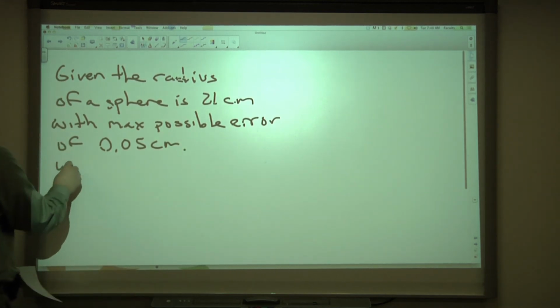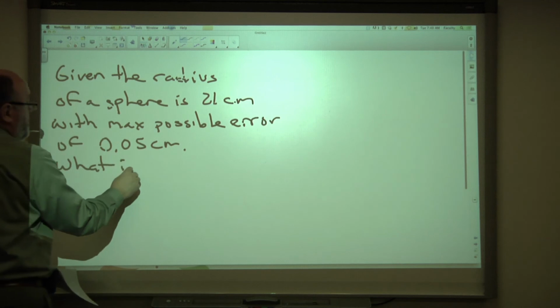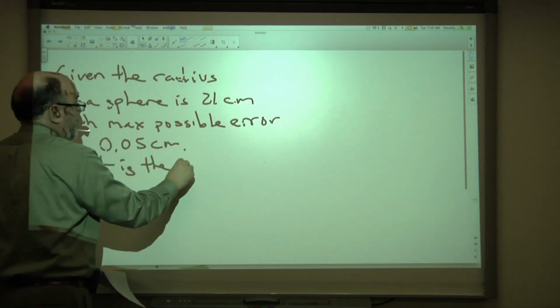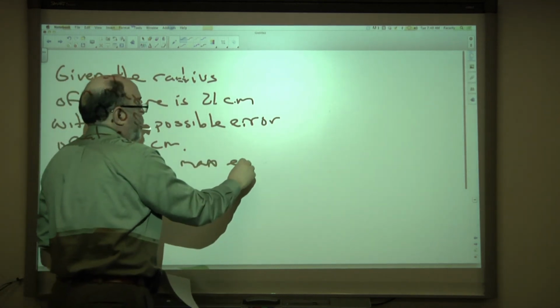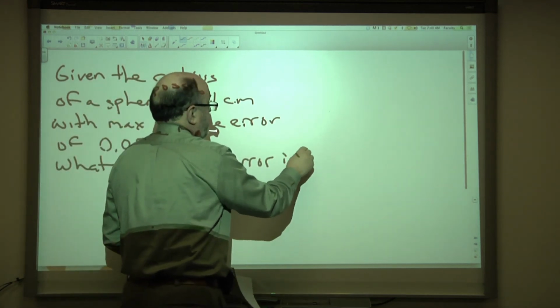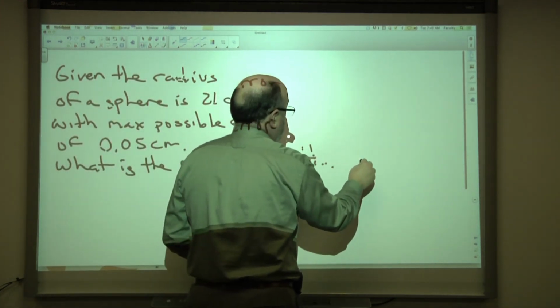What is the max error in value? What's the maximum error in the value of my sphere?